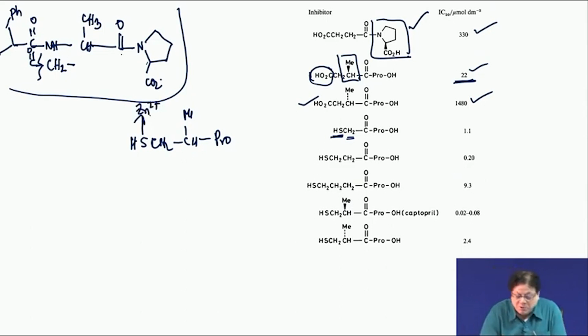So, they started putting sulfur, SCH2, then the proline. First 1 carbon sulfur, then 2 carbon sulfur, but they did not have the methyl yet. You see the values slowly going down as they put the sulfur: before that 1.1, when a 1 carbon spacer is there, then with a 2 carbon spacer, they found 0.20.